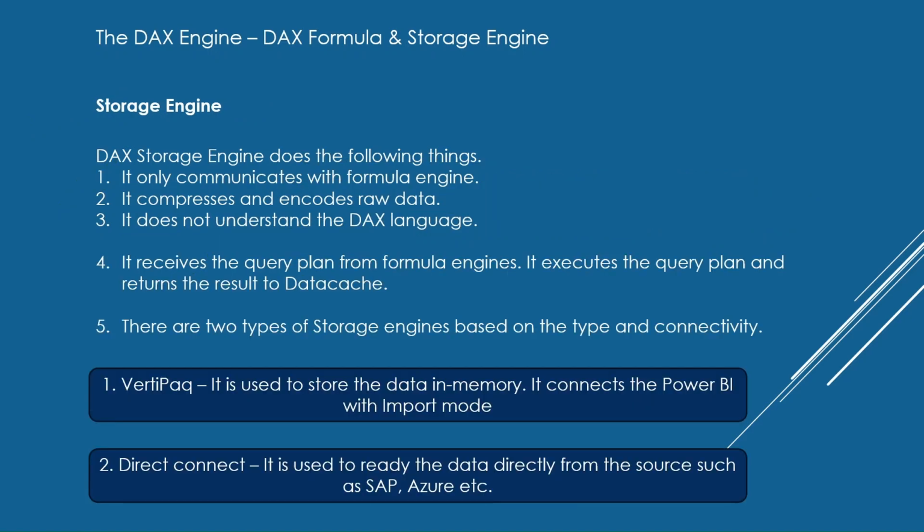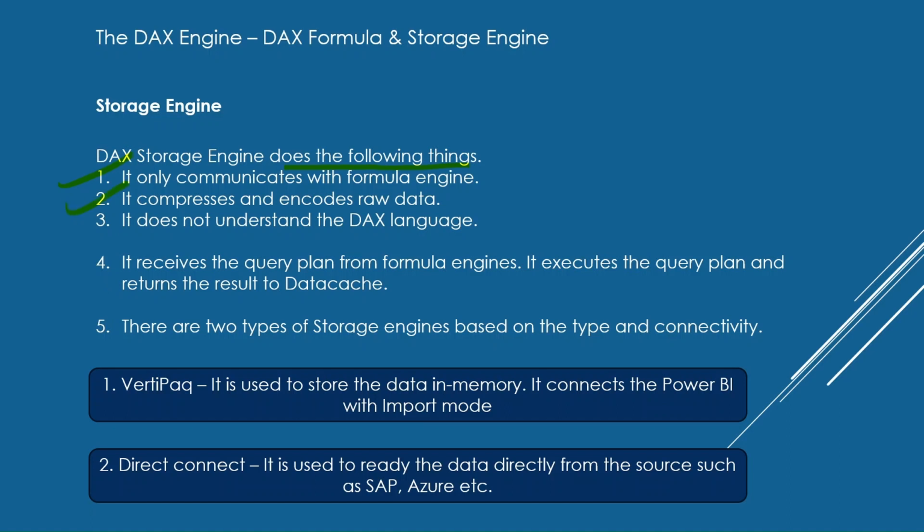Let's discuss the storage engine, and how it functions. A storage engine does the following things. First, it only communicates with the formula engine. It compresses and encodes the raw data.